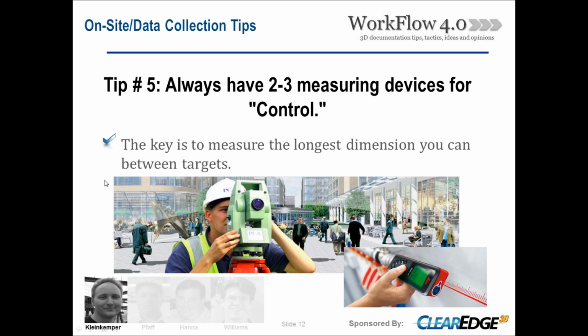So if you have a paper target on two walls at the far end of the building and you can reach it with the disto or some sort of electronic measuring device, that's a great second measurement that you can then go back and double check against your 3D scanner and see if there's an error or a discrepancy. And then at least at that point you know whether, if they're both agreeing, you're dead on. If they aren't, you've got to find out which instrument is more accurate.